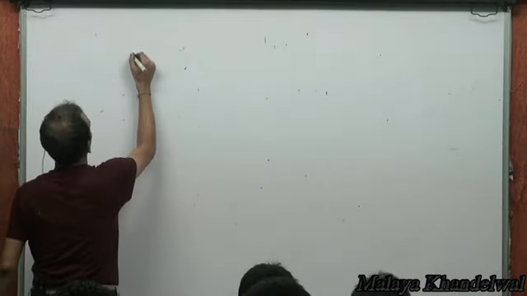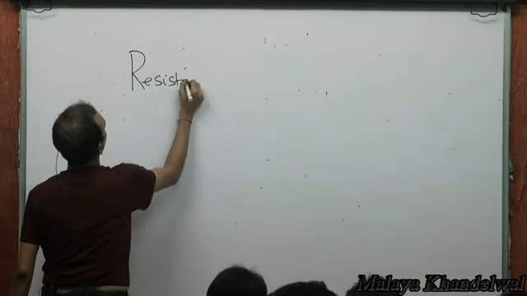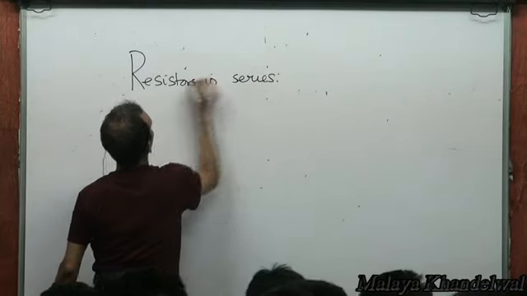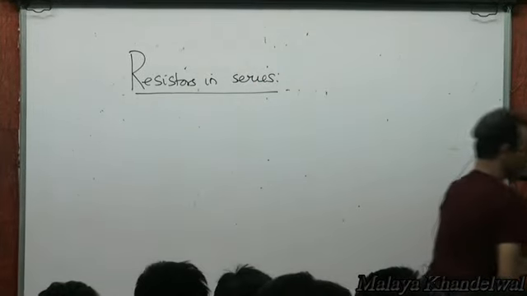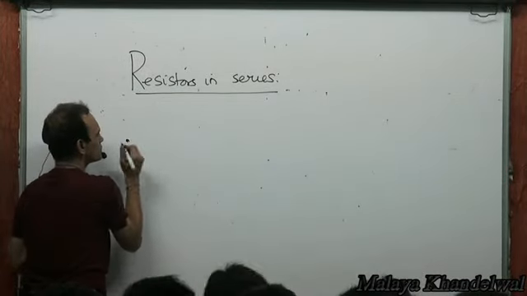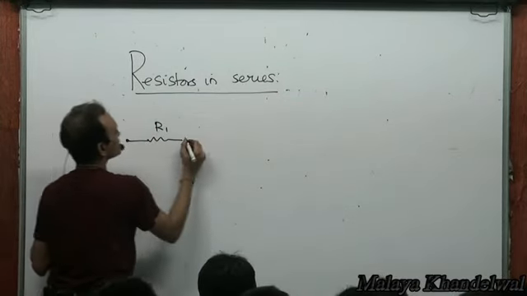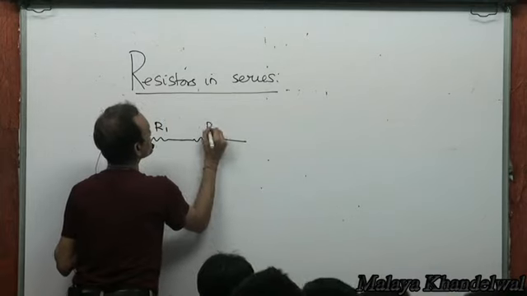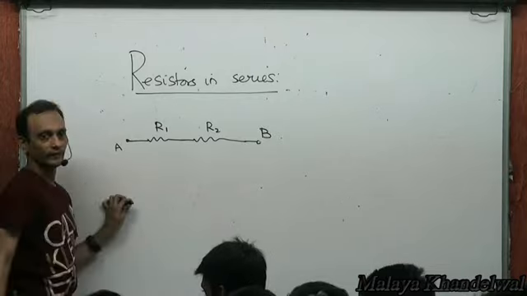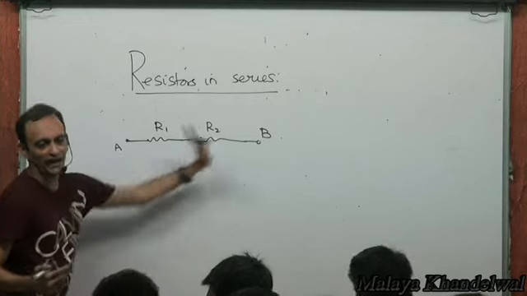Say, if I talk of resistors in series, connected between points A and B, there is a resistance R1, and there is a resistance R2. These two resistors are connected across points A and B. And I want to find the equivalent resistance across A and B.